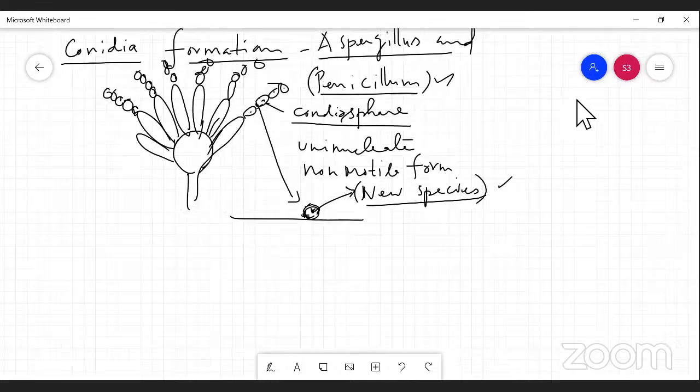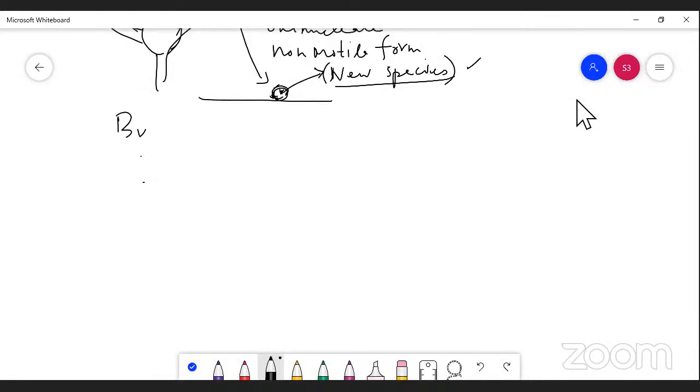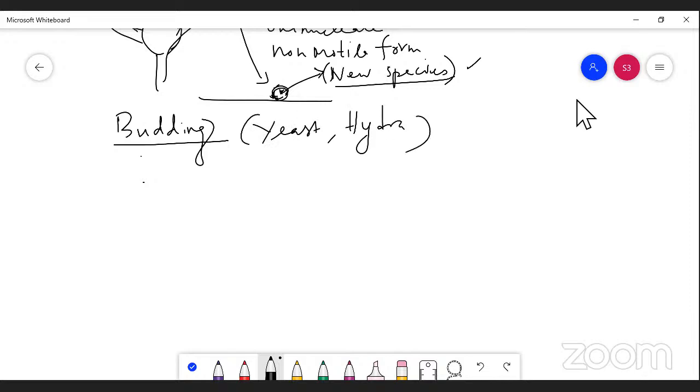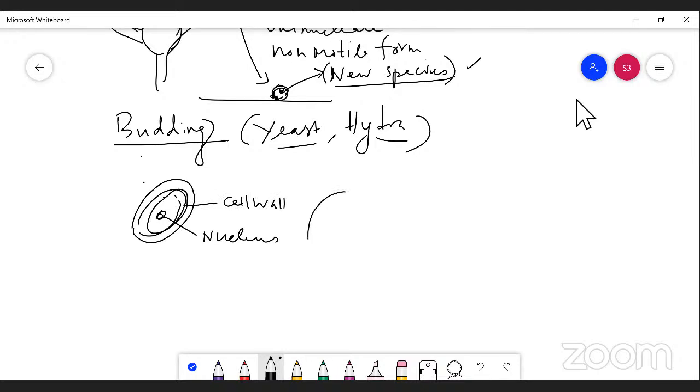Another one is budding. What is budding? Budding takes place in yeast and Hydra. In the yeast cell, the nucleus divides, and there is an outer growth of the bud.